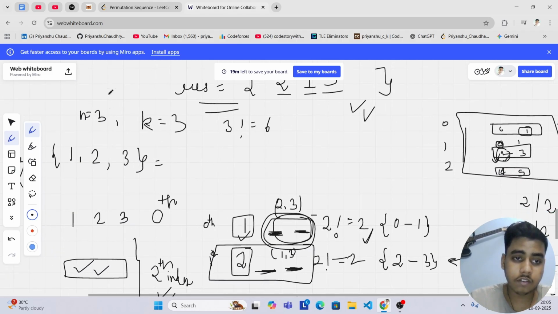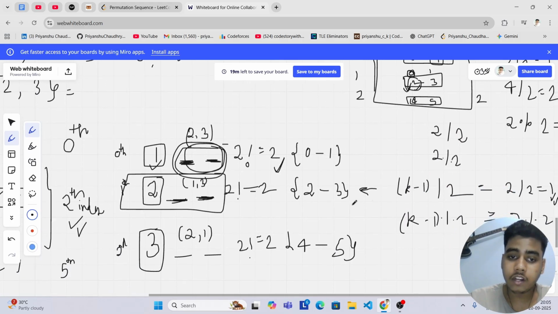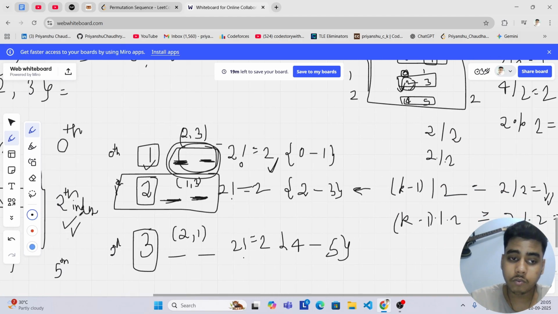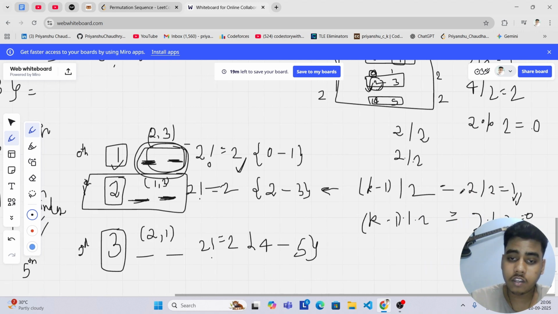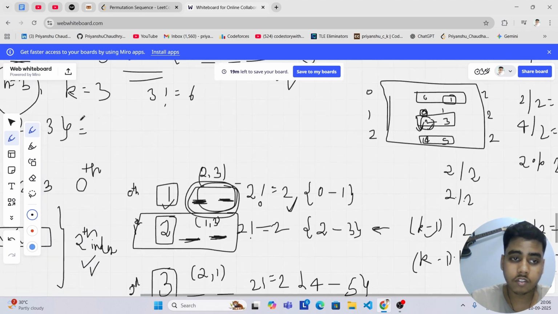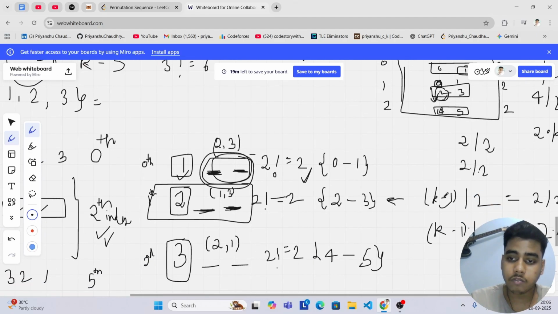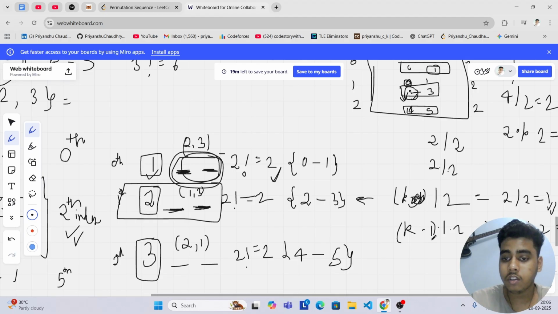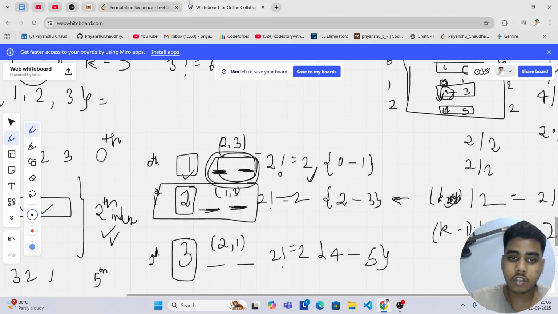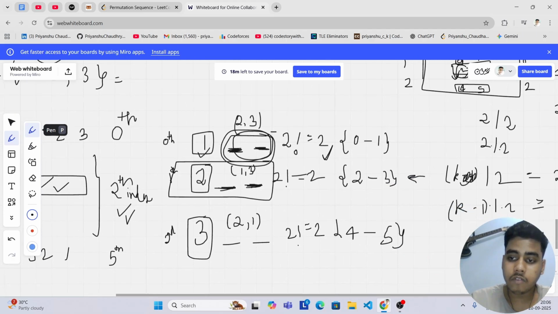First n is equal to 3. For n equal to 3, I was finding where the 2nd index element is hiding. It was hiding at k minus 1, because k was 3. But when I have reduced k by 1, I don't need to do this k minus 1. So it is k divided by the block size. We all know that we have to do this every time.